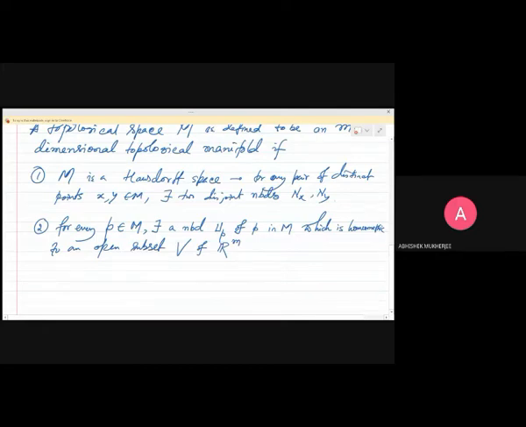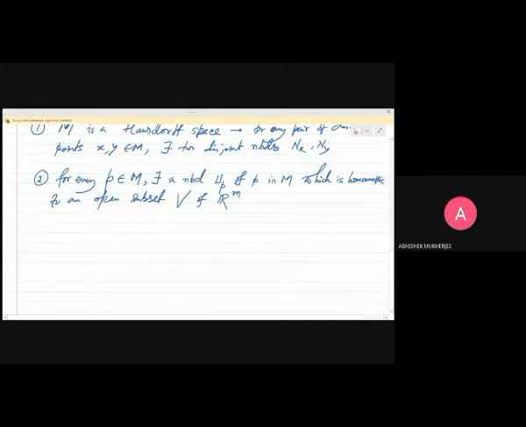Okay, so for each point P, you will have a neighborhood UP containing P in M, which is homeomorphic to an open subset V of Rm.